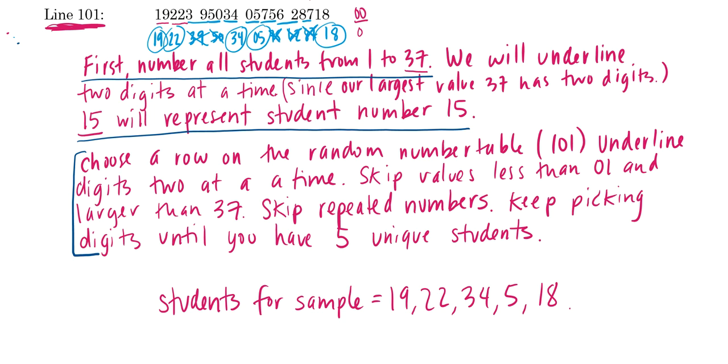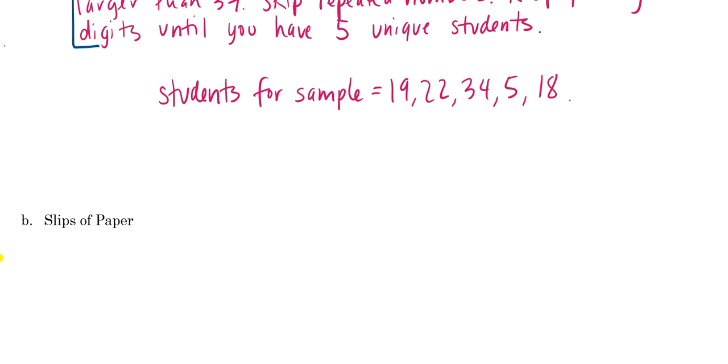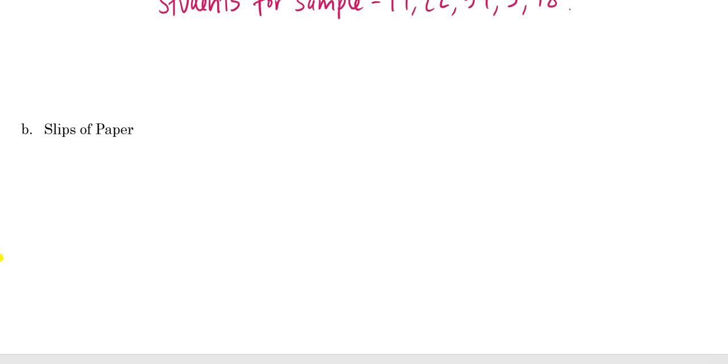Now, you might be asked to use a random number table. In other situations, you might actually be asked to explain how you would use slips of paper to choose a random sample. And that's pretty much exactly what you think it would be. So what I would like you to do now is for the same situation, Brissette is trying to pick 5 students out of her 37 to complete problems on the board.